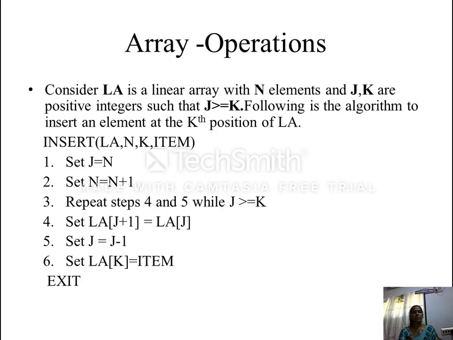And in the third step, from the first location, we want to find the position specified as k, and when the particular position is found, the value at that position has to be shifted to the right hand side. So the values from the kth position are shifted to the right hand side by making a place at position k to insert a new value.